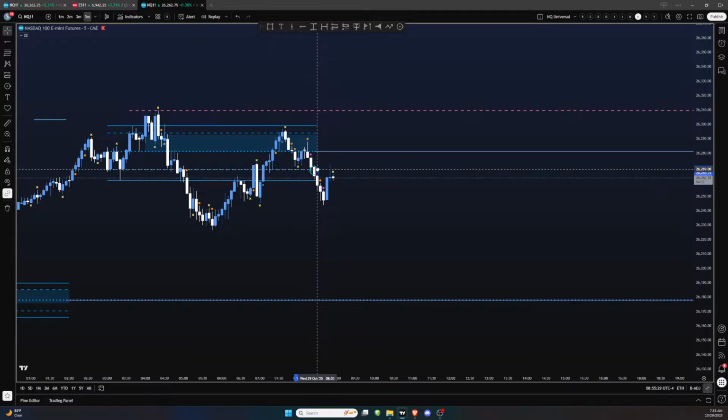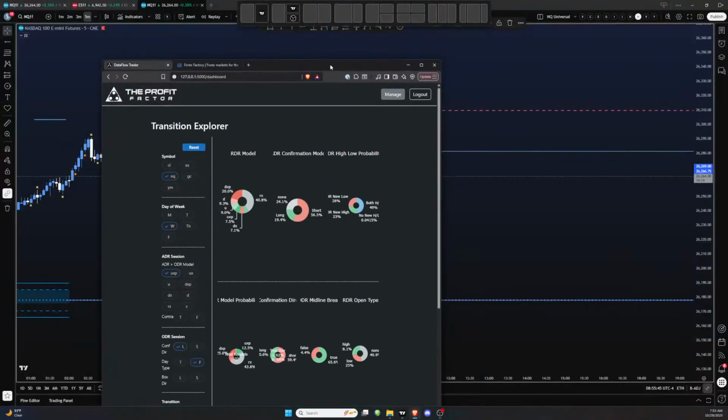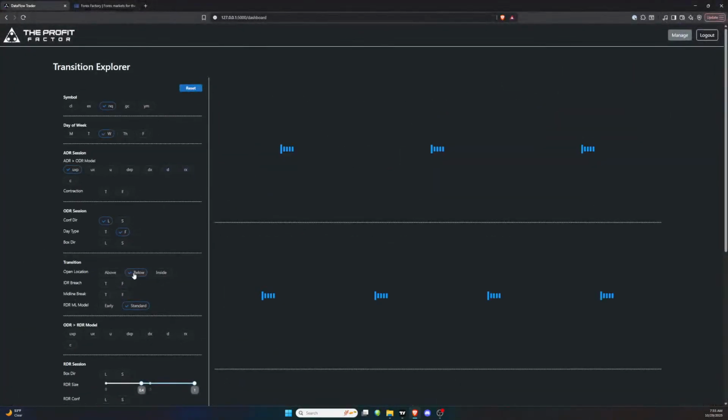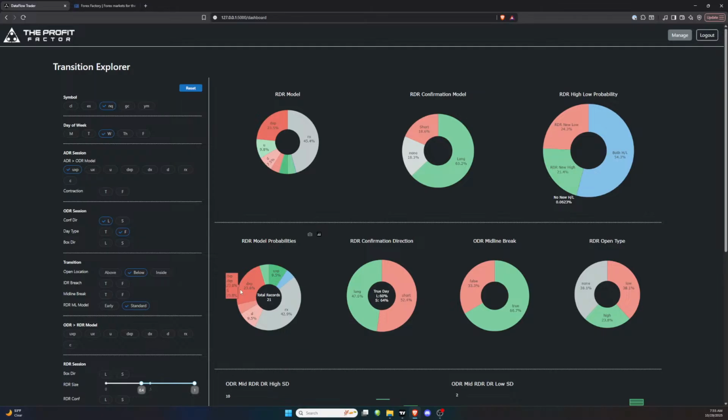Actually, this is more like where it is relative to the lower part. So we open below this one. And that means that if we do this over here, we open below, we get kind of the same.